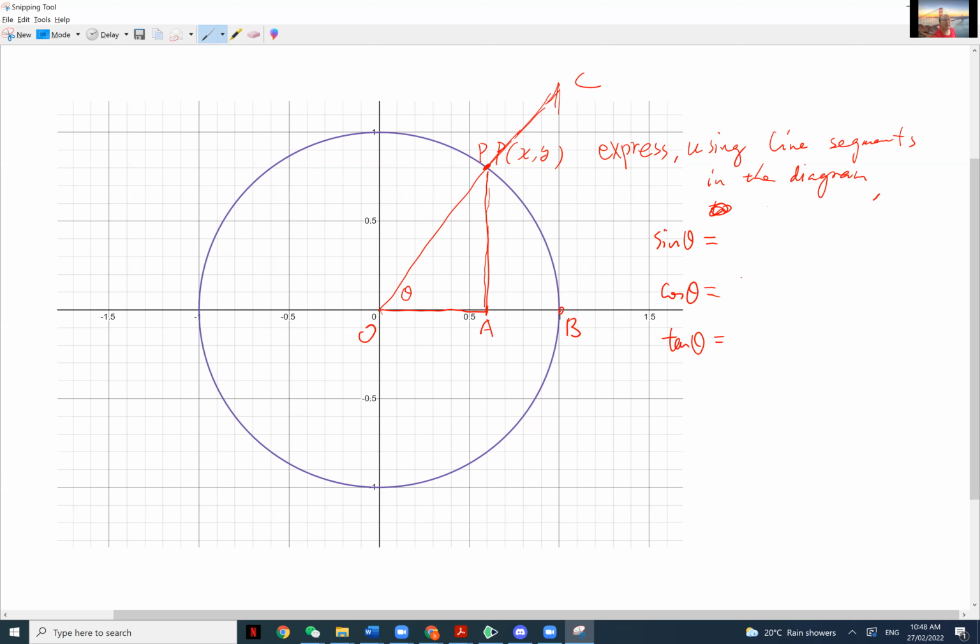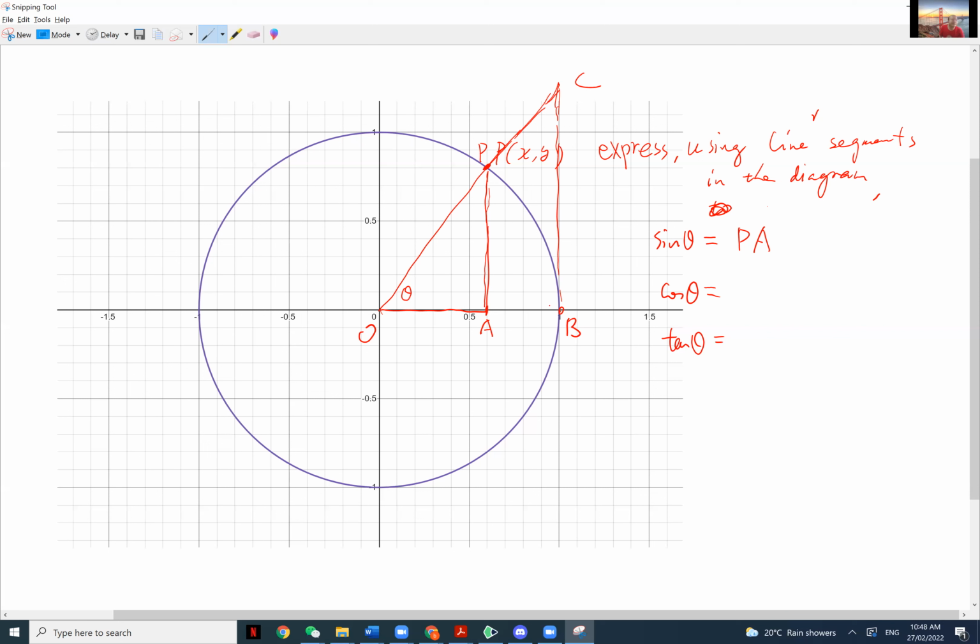Using the line segments, sin theta, I just tell you, is PA. Guys, find the others.